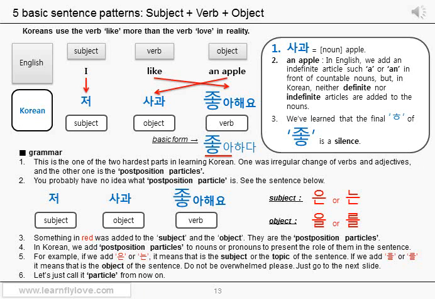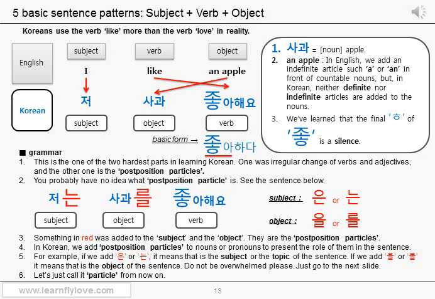Let us explain with the same sentence, I like an apple or I like apples. I, 저, apple, 사과, like, 좋아해요. Can you see the letters in red color? Letters in red color were added to the subject and the object.